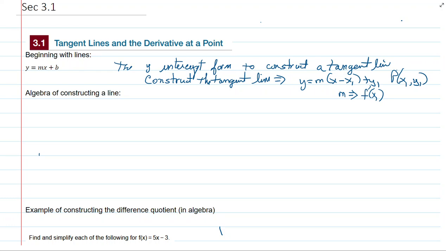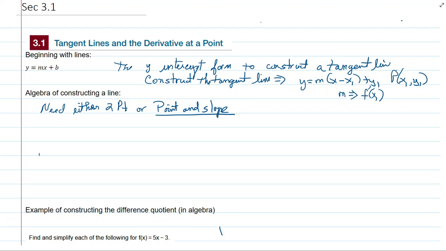So in algebra, you need either two points or a point and slope. And what we're doing is this one, point and slope.